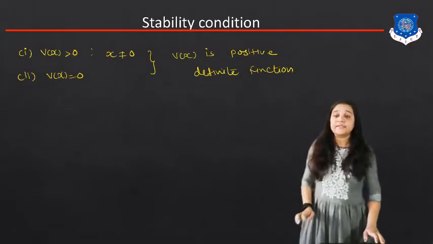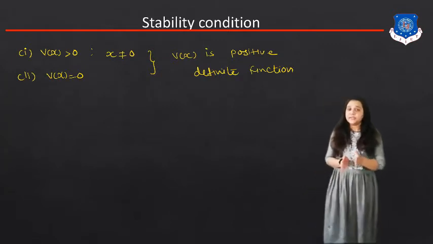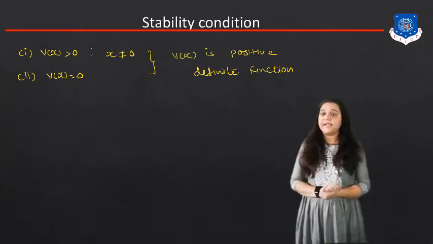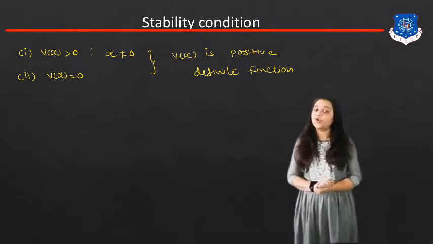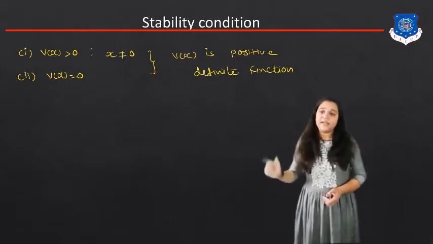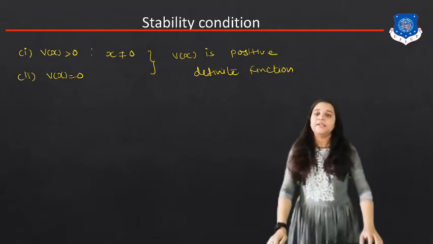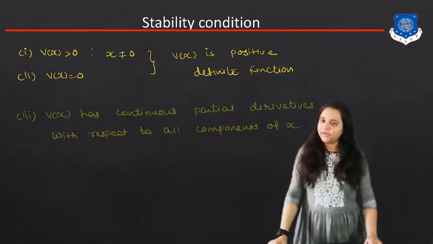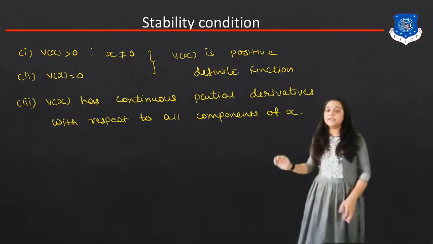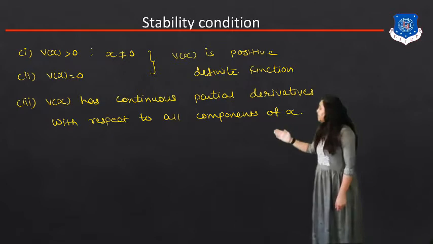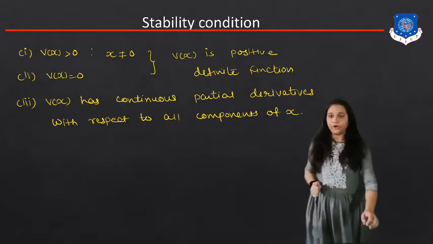Okay, so there are some conditions given for the Lyapunov theorem. First, V(x) greater than 0 for x not equal to 0, and V(x) equal to 0 at x equal to 0, so V(x) is a positive definite function. The second condition is V(x) has continuous partial derivatives with respect to all the components of x.